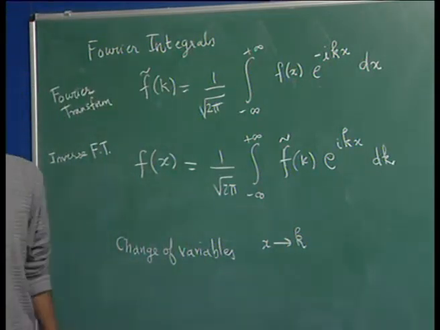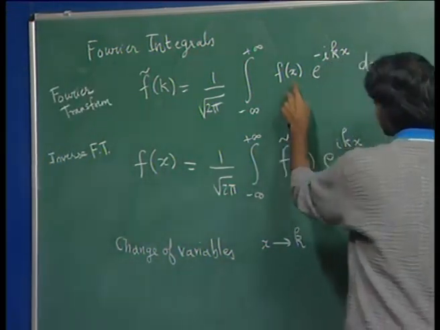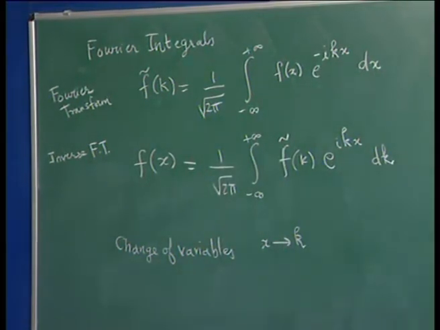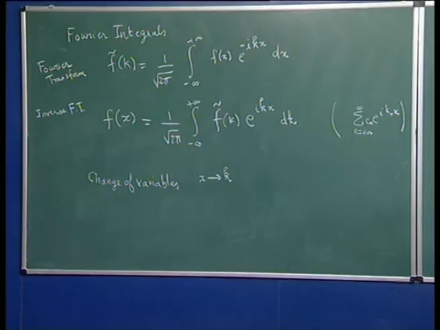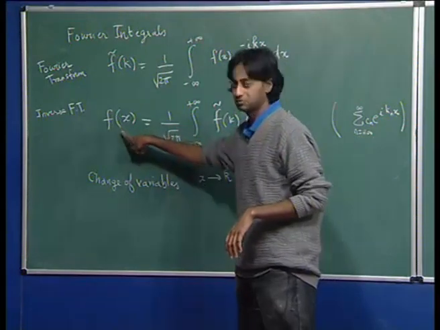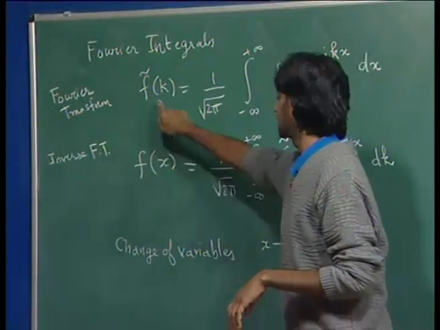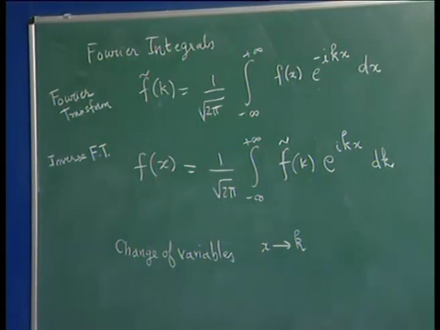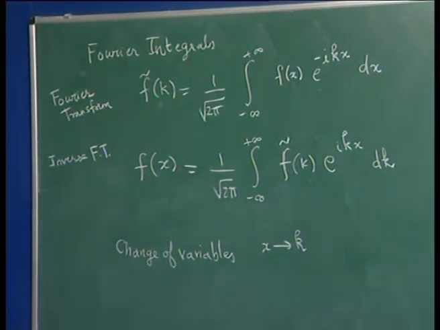And the important thing is that both f of x and f tilde of k contain the same information. The same information that is in f of x is there in f tilde of k. So that means from f tilde of k I can calculate f of x, and from f of x I can calculate f tilde of k. So it's like a change of variable, but not the typical change of variables that you do.